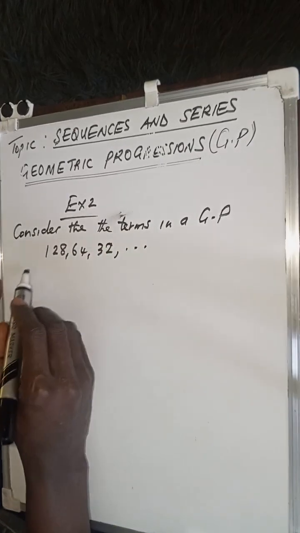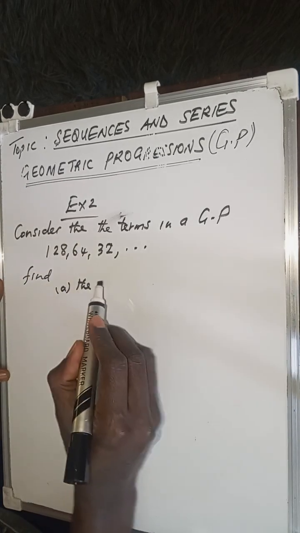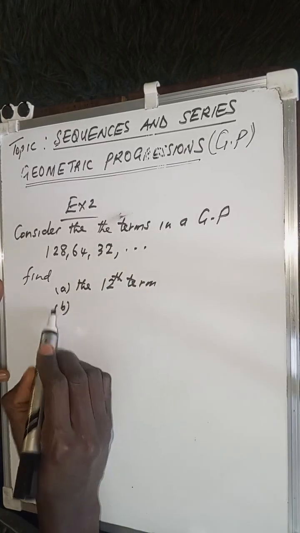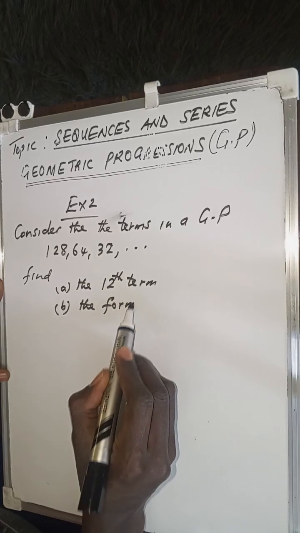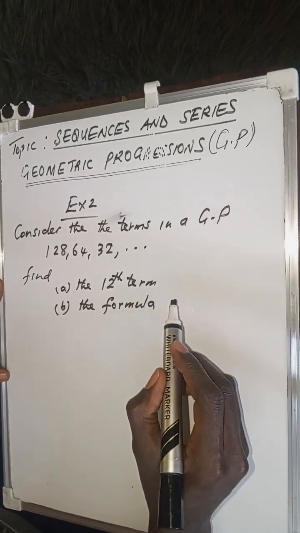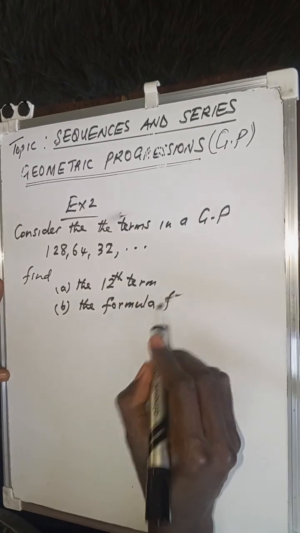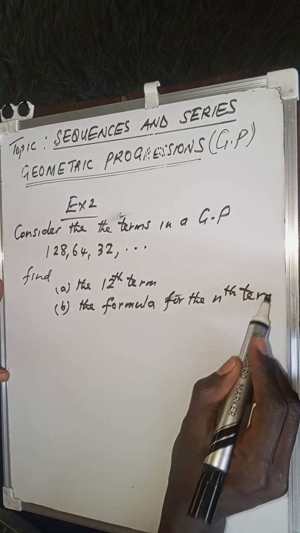Then the question says, find A, the 12th term, then B, we can say the formula for the nth term. So that is what we mean.